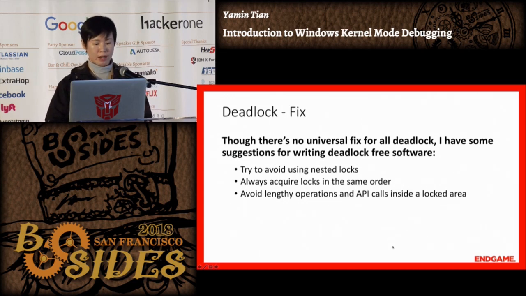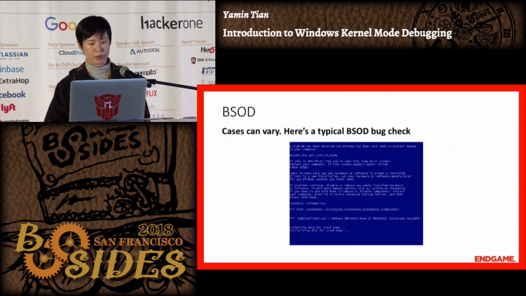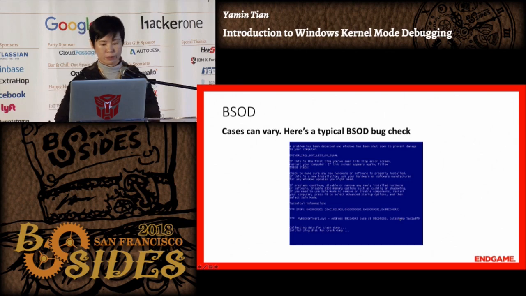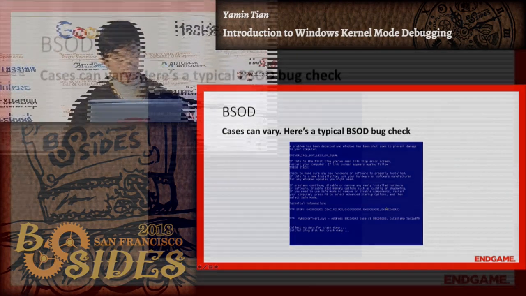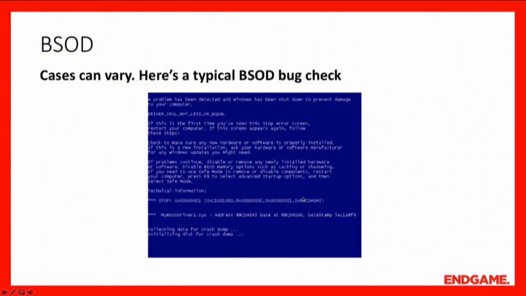So that's about deadlock. So let me proceed to the third common problem, which is Bluescreen. Bluescreen is a really complicated problem because behind each Bluescreen, the reason can be different.